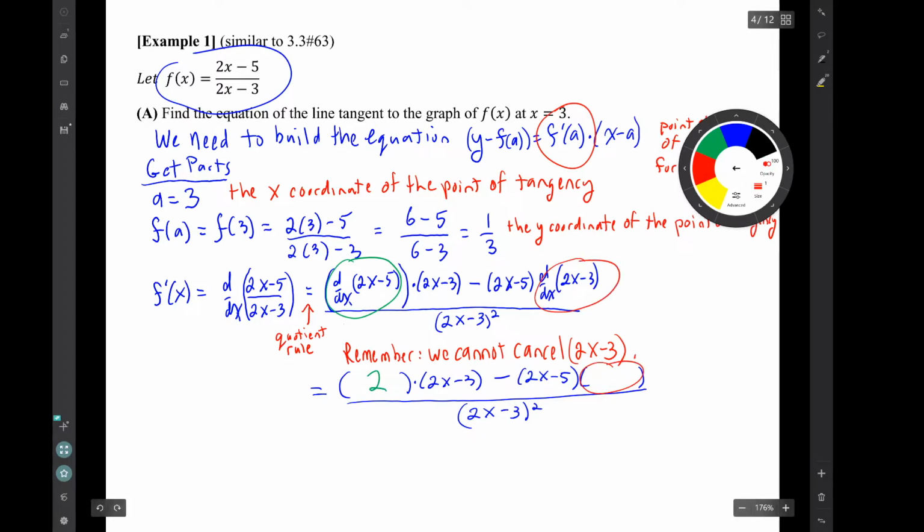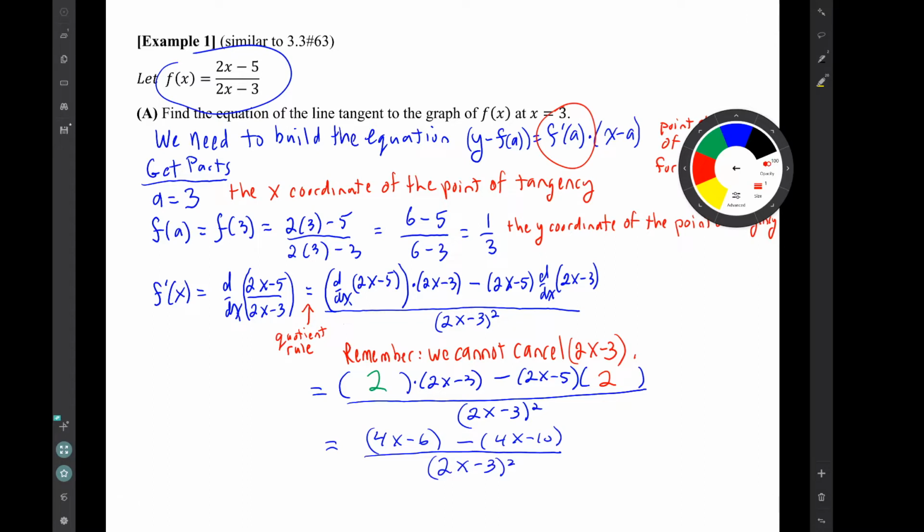The derivative of 2x minus 3 is 2. Now we simplify. Notice that we have terms that will cancel. This 4x gets canceled by this 4x, and then we have 6 minus a minus 10, so that gives us a 4 in the numerator. So that's our f prime of x.